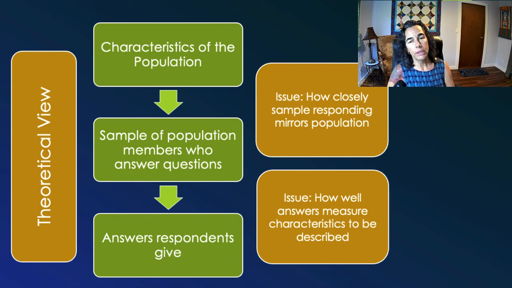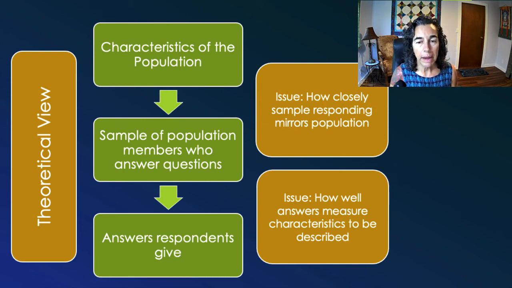So the sample mirroring the population is crucial, right? So demographic information will help. Sampling in the right places to get respondents who mirror the population is important, and taking into consideration that people who answer surveys may have a certain reason for doing so, whereas people who don't respond have another perspective, and we want to be sure that that doesn't muddy the waters of answering surveys.